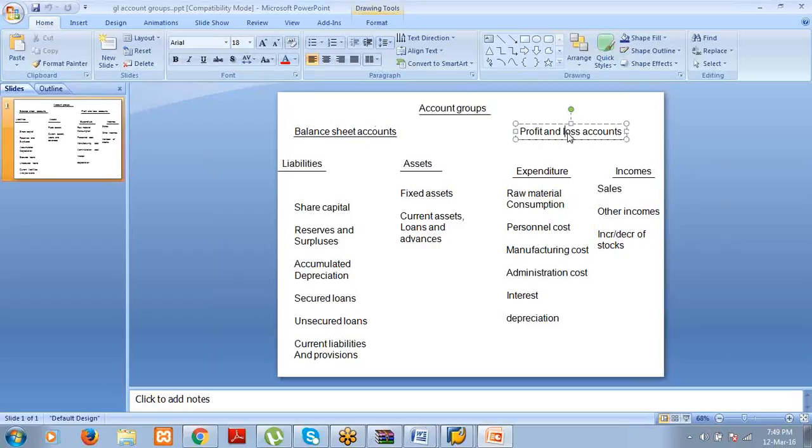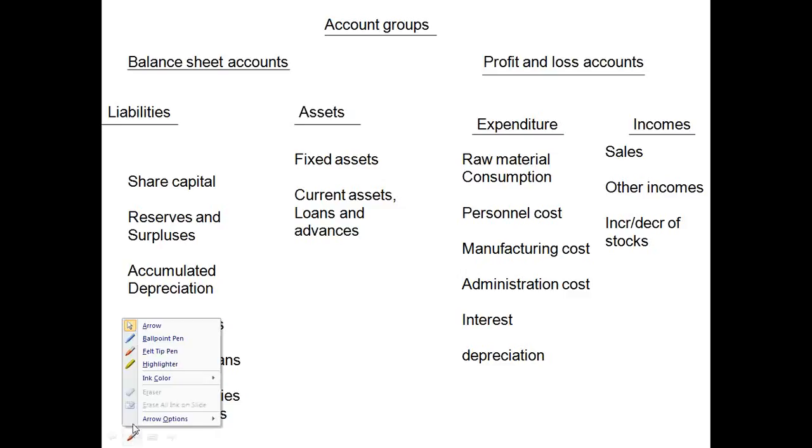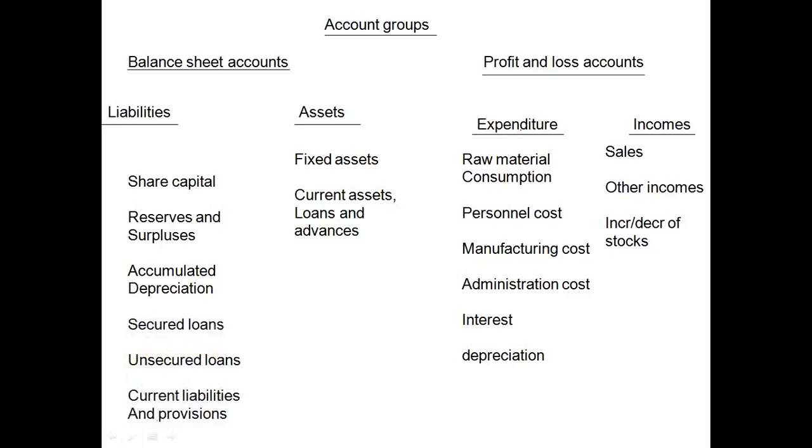Then profit and loss accounts group means all the GL accounts which are displayed in the profit and loss account can be created as another account group. So minimum there should be 2 account groups, but maximum we can create any number of account groups based on the requirement. Suppose for example, in the balance sheet you have 2 sides, asset side and liability side.